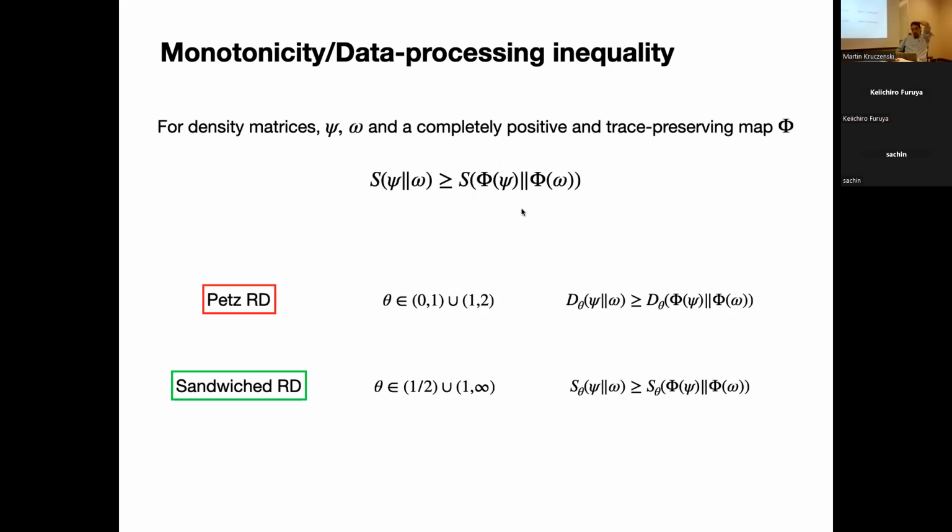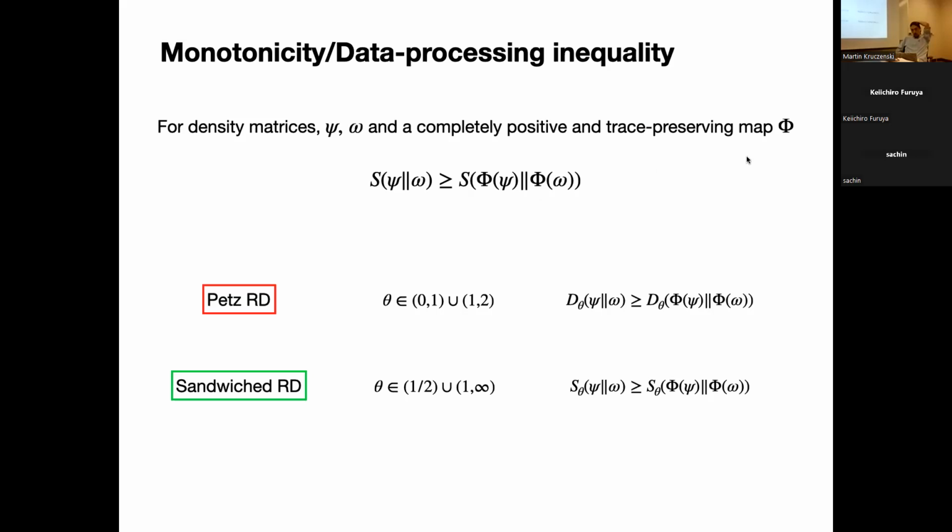This is the thing that I may have discussed last time. You have a quantum channel, which is a completely positive and trace-preserving map. So phi is a quantum channel acting on two density matrices, psi and omega. In this case, relative entropy satisfies this inequality: the relative entropy of psi and omega is greater than or equal to the relative entropy of phi psi and phi omega.